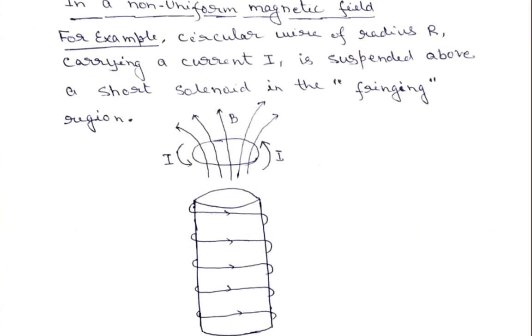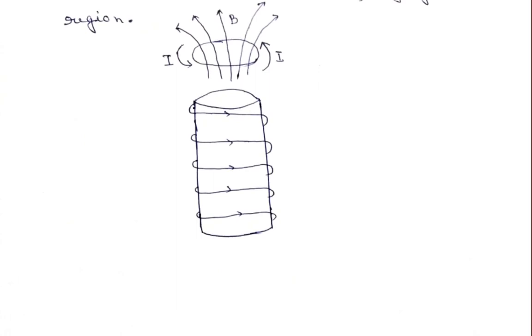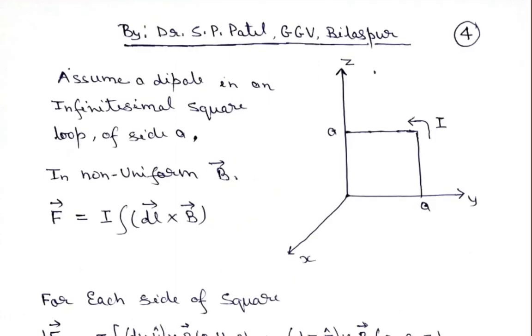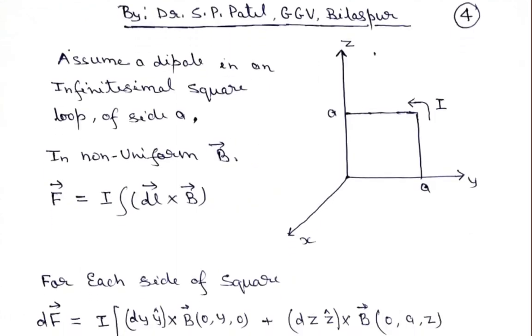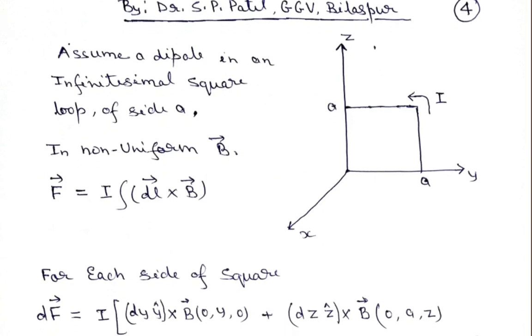Let us assume a torque is present in a non-uniform magnetic field. What will happen, how much force and how much torque will there be? We learned in the previous part that in a uniform magnetic field there is no net force on the dipole, but there is a net torque, and this torque tries to align all the magnetic dipoles in the direction of the magnetic field.